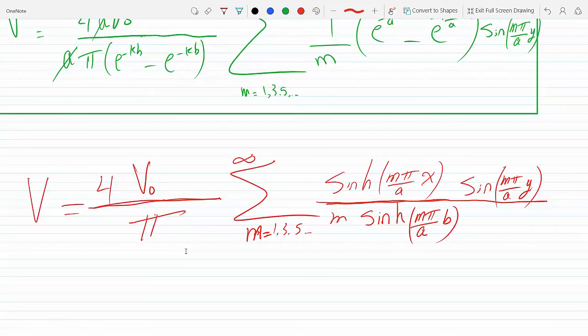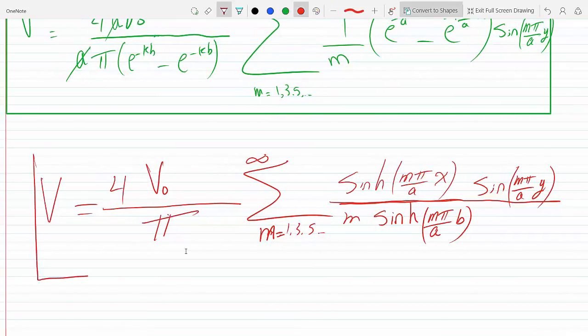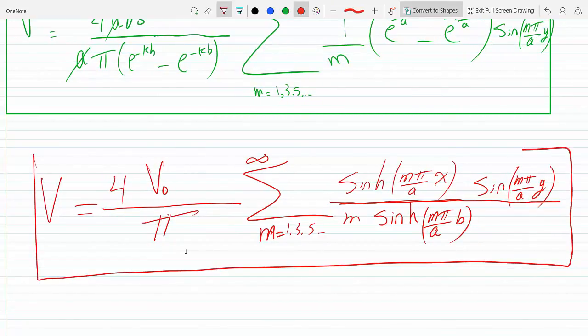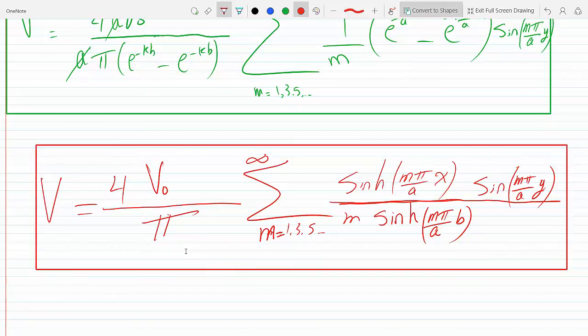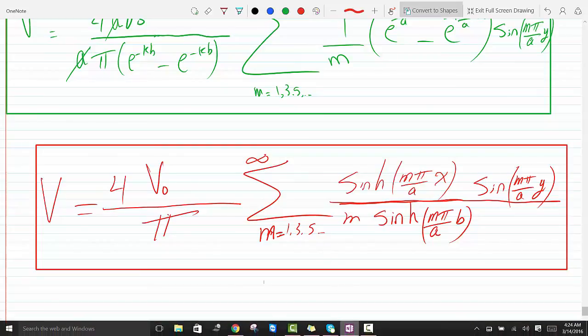Okay, sounds good. So this is our final answer here. Let's box it. That does it for this question. This was the separation of variables using 2D, x and y, independent of z.